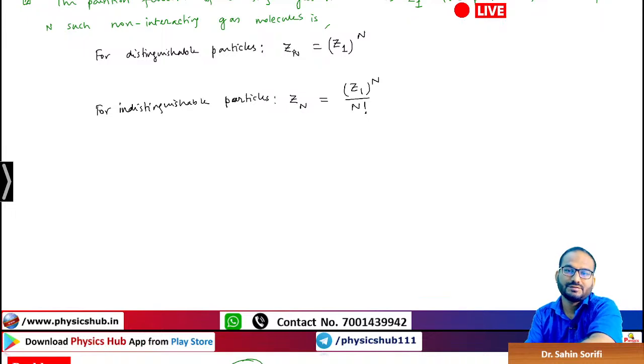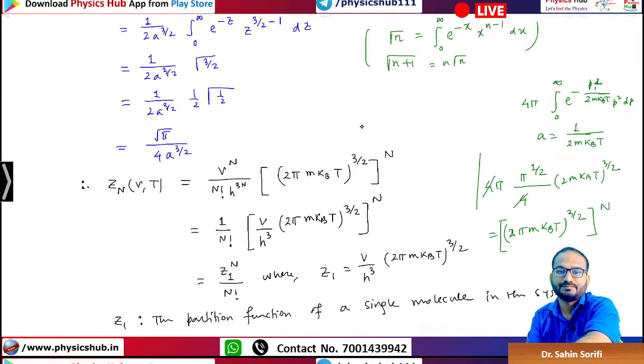If it is distinguishable, then if you want to calculate the partition function for one particle, for n particles it will be to the power n, and for indistinguishable, to the power n divided by n factorial. So this is what we have.